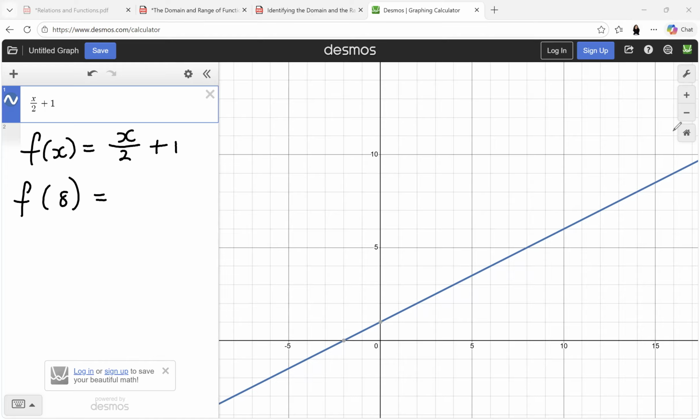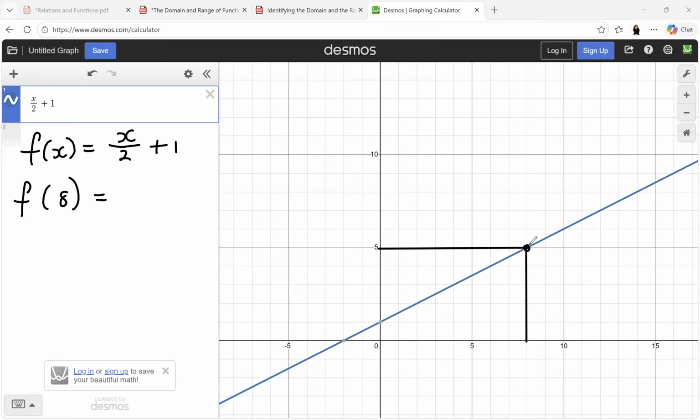That would be 5. That's right. It would be 5, right? Okay. Because 8 is here. So the corresponding y value is 5. So the ordered pair, Nia, what's the coordinates of that point?